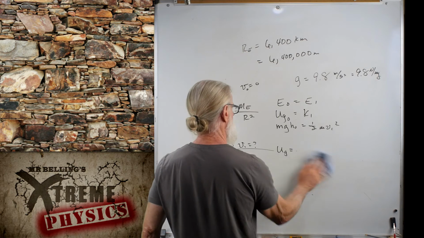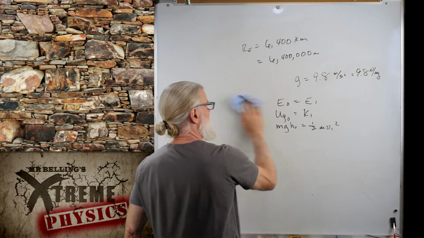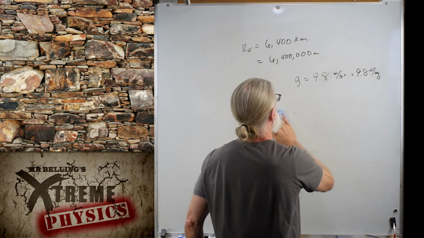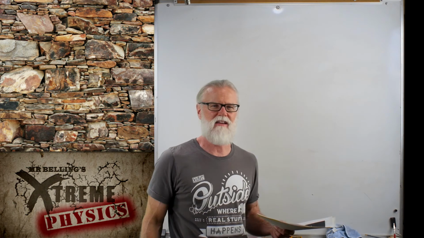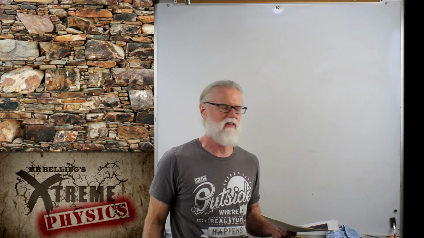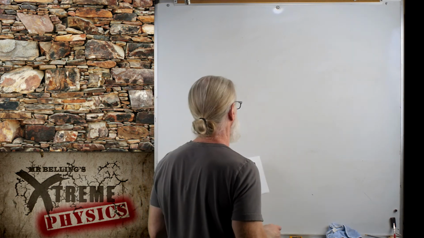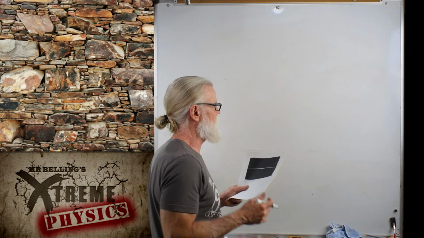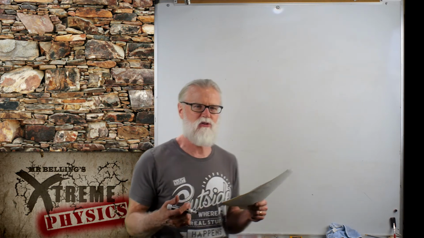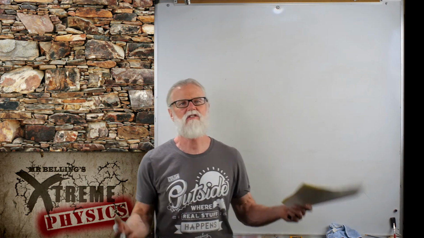We can't use that the gravitational potential energy is just mgh. In your reading, they calculated the gravitational potential energy. And probably the most important idea with this is that we are no longer going to arbitrarily say this is the point of zero gravitational potential energy.